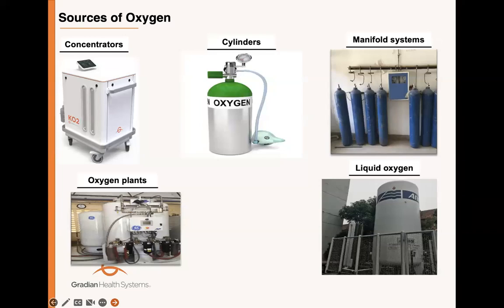We can also have liquid oxygen, which comes with the vacuum insulated evaporator, which evaporates the liquid oxygen to the cylinders and to the pipeline in the hospital. Also, currently, many hospitals are putting up oxygen plants, so you can have your own plant that gives you enough source of oxygen. Next slide.